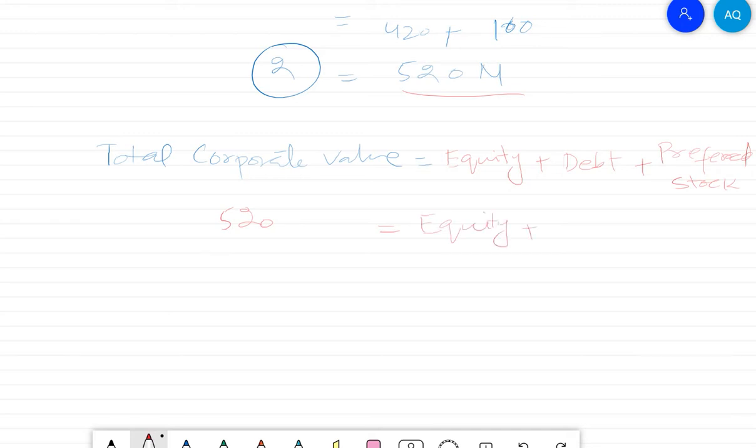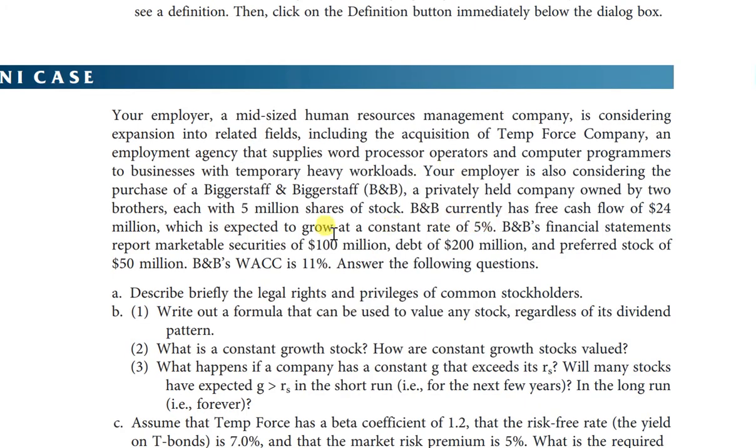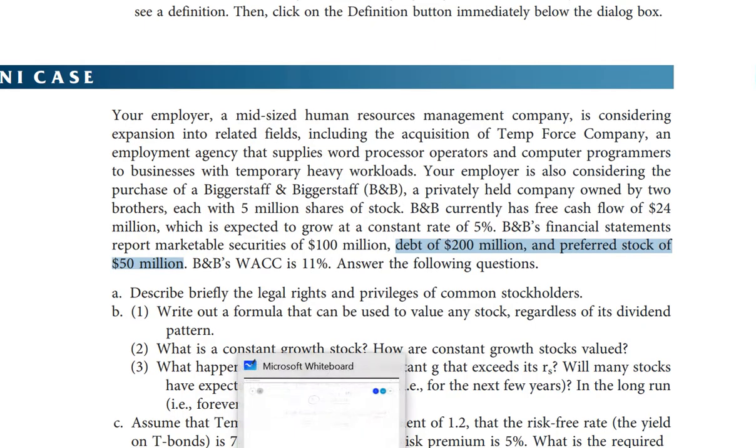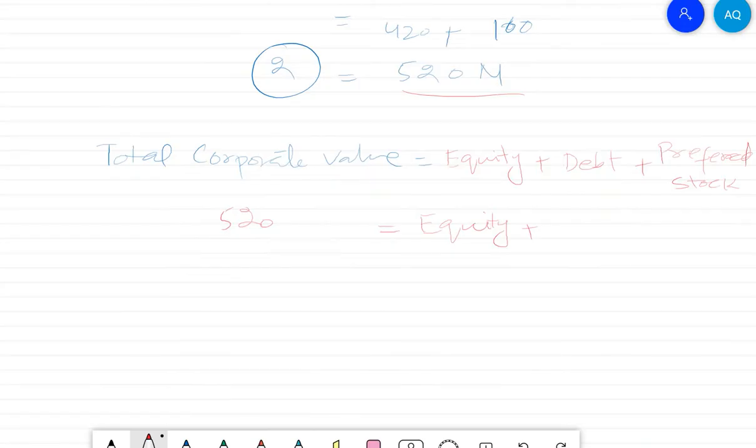If we go back to our question, we can find that we have a debt of 200 million and preferred stock of 50 million. So debt is 200 million plus preferred stock is 50 million.